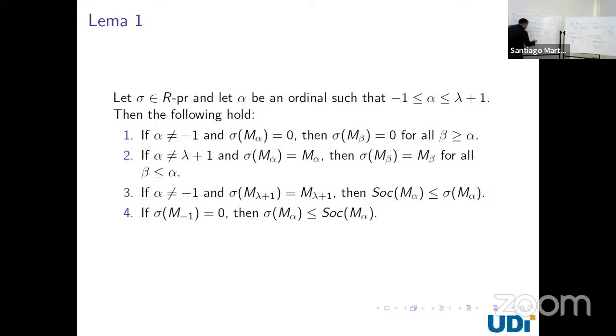So sigma of m kappa is going to be 0 from there. And if for any reason in this linear order it doesn't happen that it is equal to 0, but for example here we have m beta, it is going to happen the same but in the other direction. It is not going to be 0, but it is going to leave fixed all the modules before it.